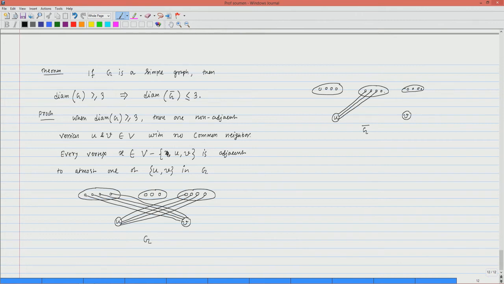This is from the definition of the complement of a graph.